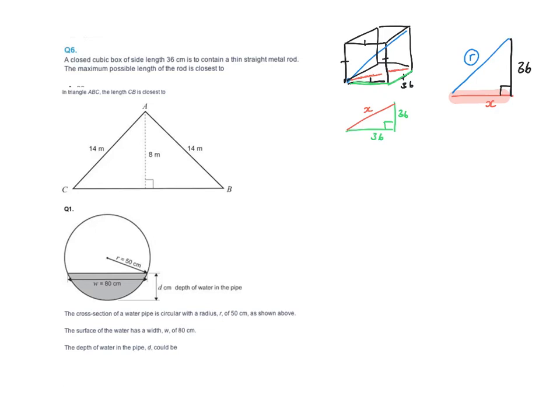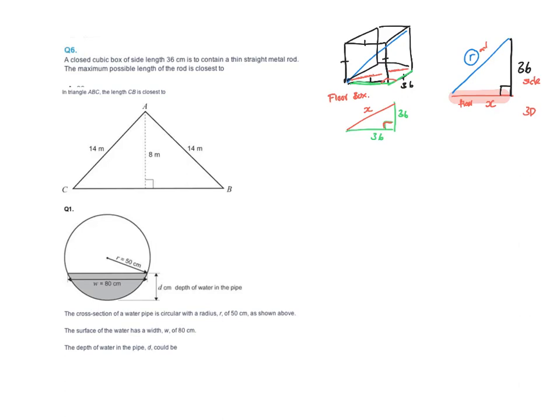So this one is on the floor of the box. This is the rod, this is sort of the 3D triangle, yeah? That's the floor, that's the side, and that's the rod, okay? So this flat triangle is in here, that's an actual right angle there.